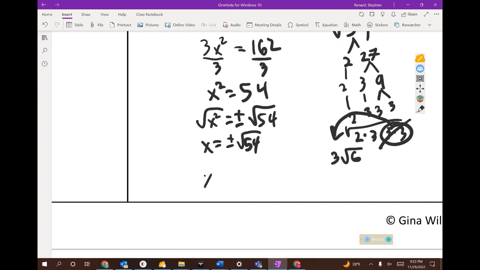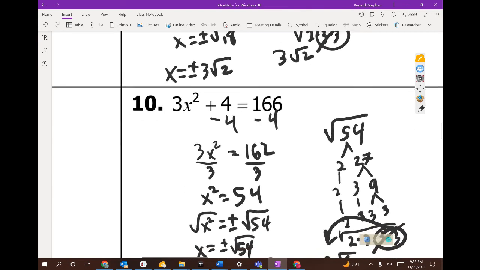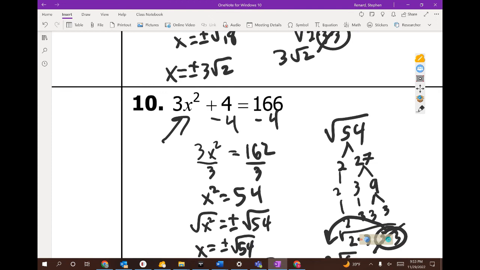So this gives us x equals plus or minus 3 radical 6. I'll draw a better 6. And again, if you wanted to, you could go plug that number back into this equation right here. And that would make it true.